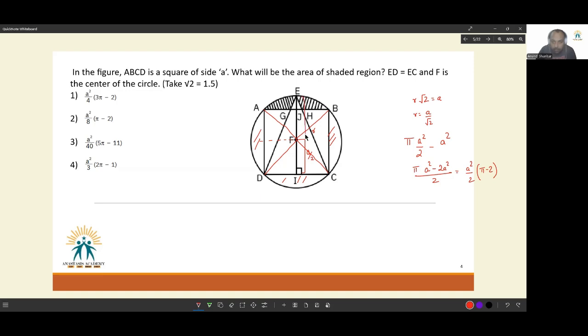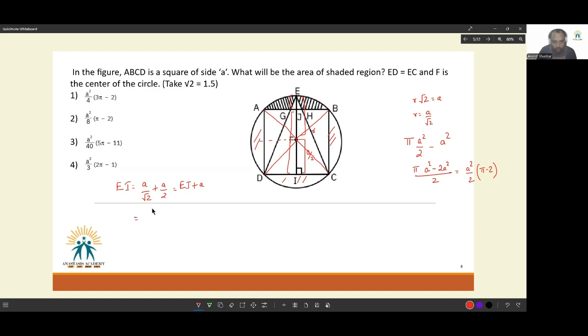And this length will be equal to the radius. And this is also equal to EJ plus the side of the square. So I can go, EI is equal to A by root 2, the radius of the circle, plus A by 2. And it is also equal to EJ plus the side of the square.